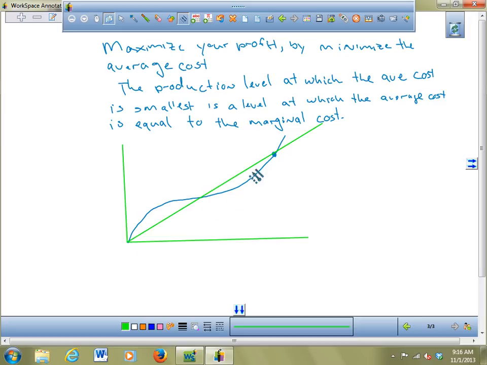And then what they say is that your production level, your cost is minimized at either this point here, at the tangent line there, or at the tangent line there. So when the slope of the tangent line is equal to the slope of the secant line of your cost equation, then that's when the cost is the lowest, all right?